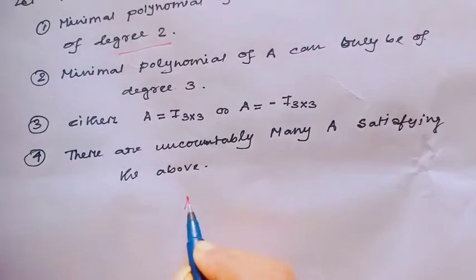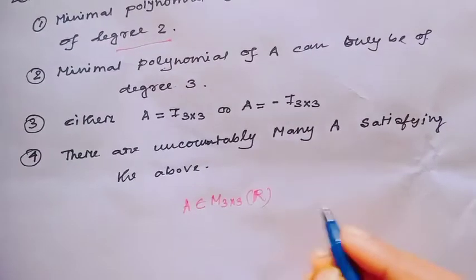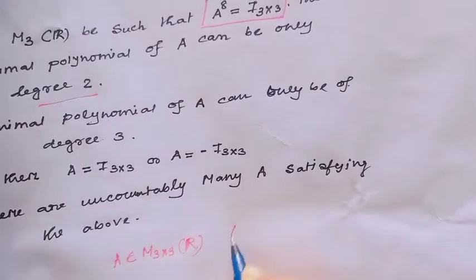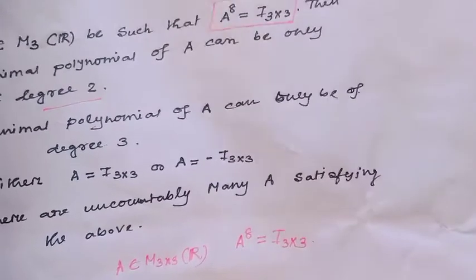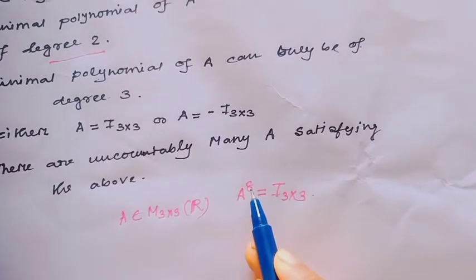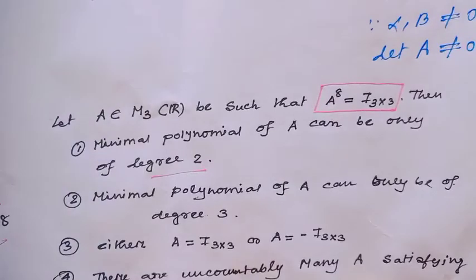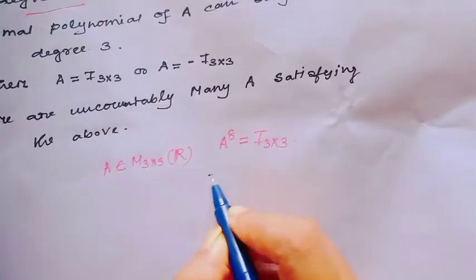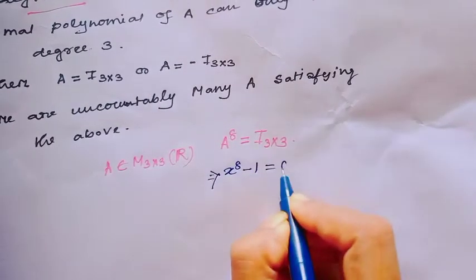Here A belongs to M3 cross 3 matrix over R given, and here the annihilating polynomial A to the power 8 equal to I3 cross 3. Notice, the annihilating polynomial is of degree 8, but the minimal polynomial would always be of degree at most 3. That means the annihilating polynomial x to the power 8 minus 1 annihilates the operator.